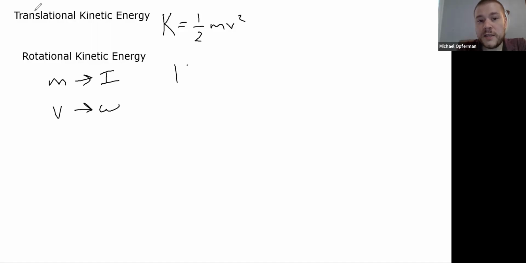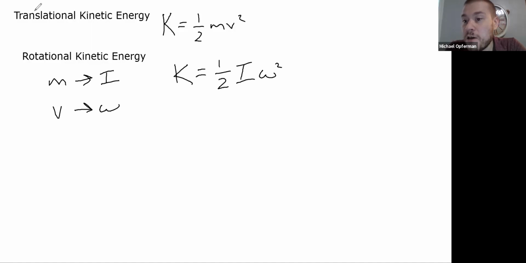So not surprisingly, the way you calculate the kinetic energy for rotation is just by replacing the inertia with the rotational inertia and replacing the speed with the rotational speed, and you end up getting kinetic energy is half I omega squared. So I is the moment of inertia, and omega is the angular speed of the rotation.